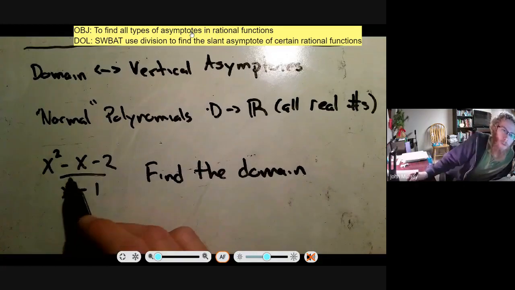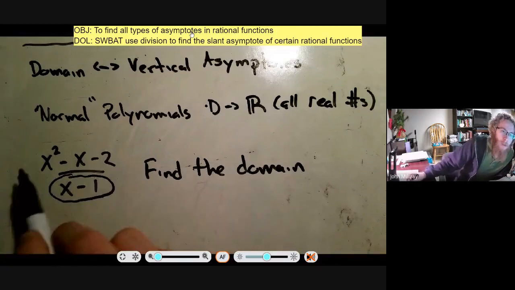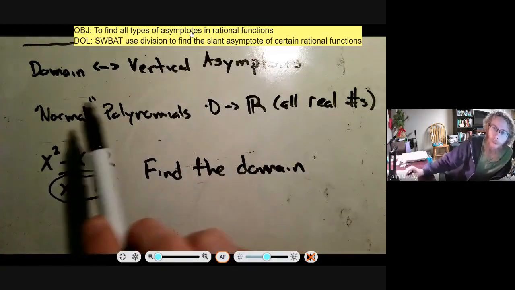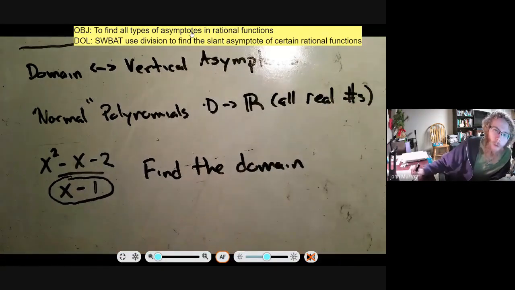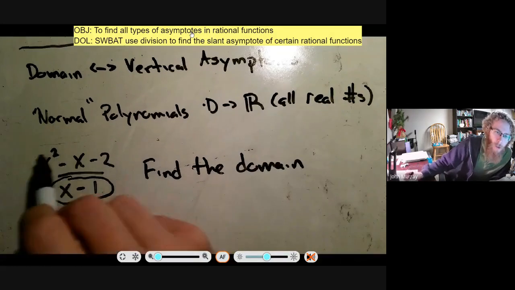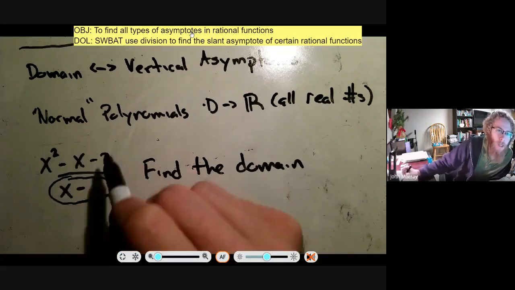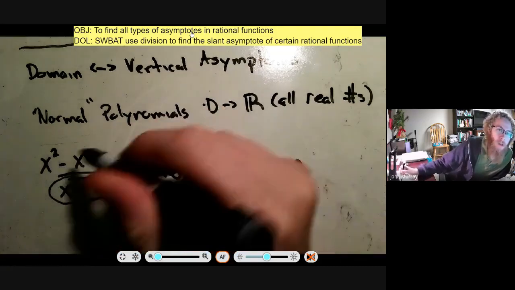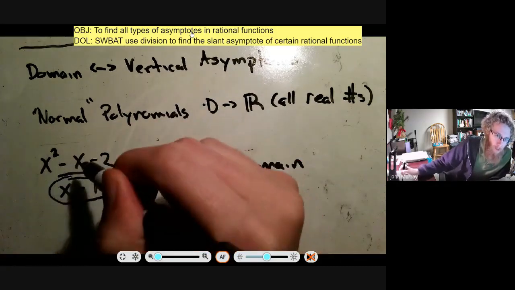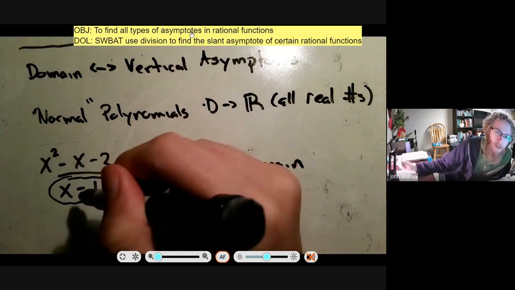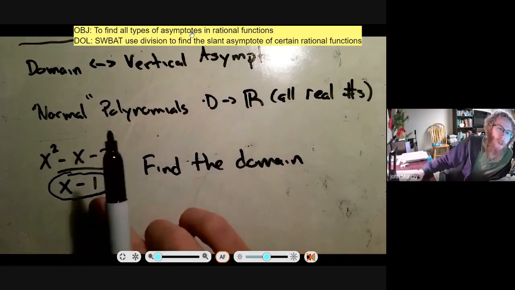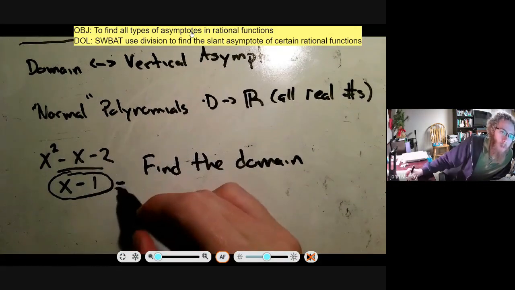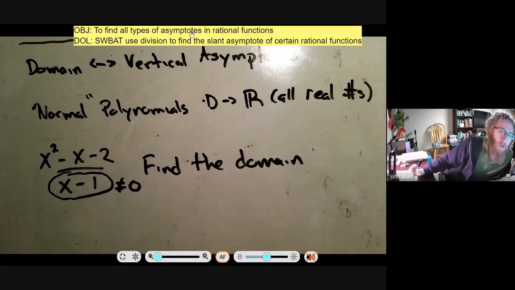To find the domain, we're really only worried about the bottom part, because the top part is going to be a normal polynomial, and all normal polynomials have a domain of all real numbers. So there's no restrictions up here. It doesn't have to be greater than 0. There's nothing x can't equal in the numerator. But in the denominator, we do have a restriction because we know that the denominator cannot equal 0.